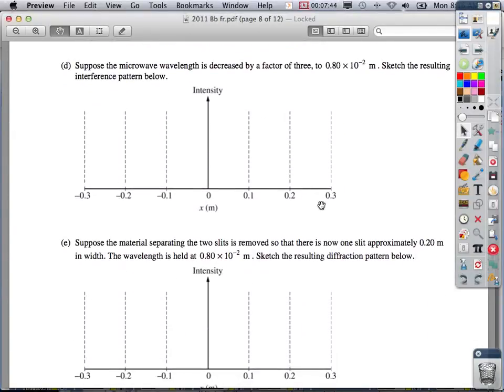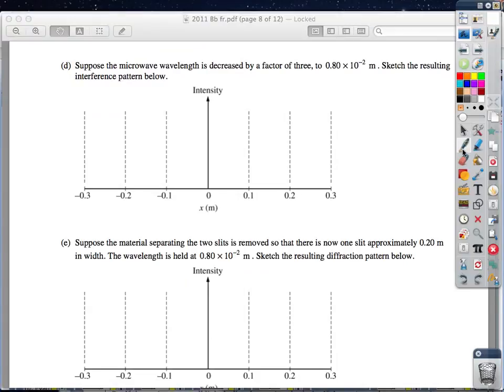Then, suppose the microwave wavelength is decreased by a factor of 3. So this doesn't even have anything to do with physics. Can you do mathematical proportions, right? If the wavelength is decreased by a factor of 3, so lambda is divided by 3, then what's going to happen to the interference band?